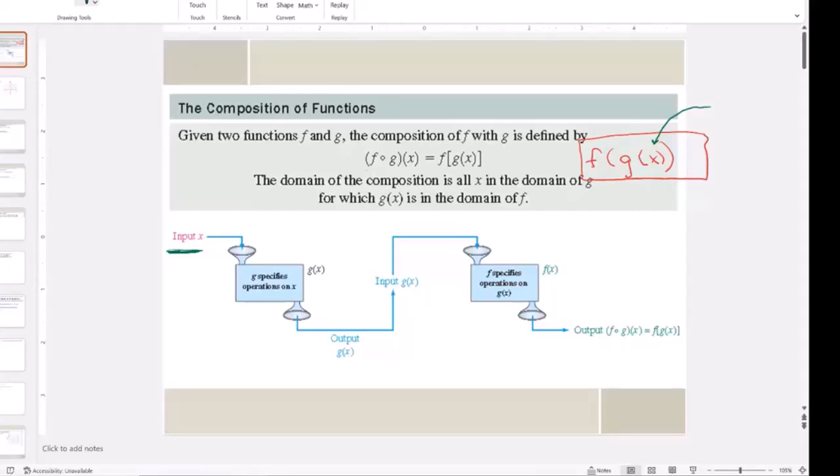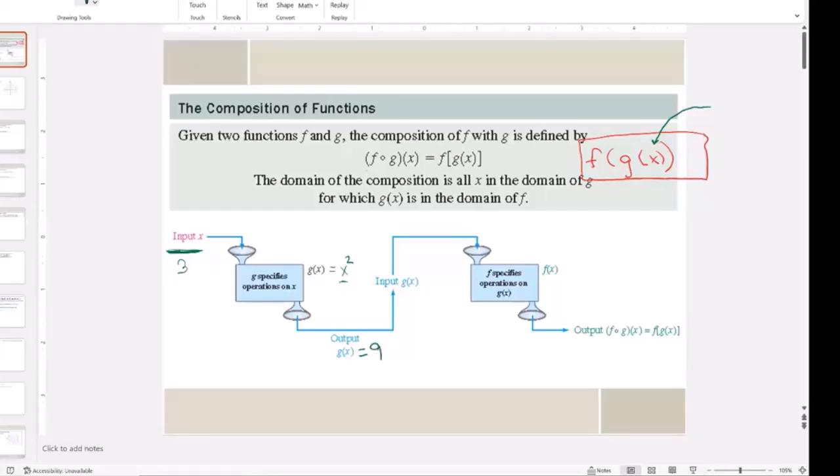Let's just say I'm going to call this g of x, x squared, and I'm going to input 3. So I put 3 into this machine, it plugs 3 in for x, I square it, and out comes 9.